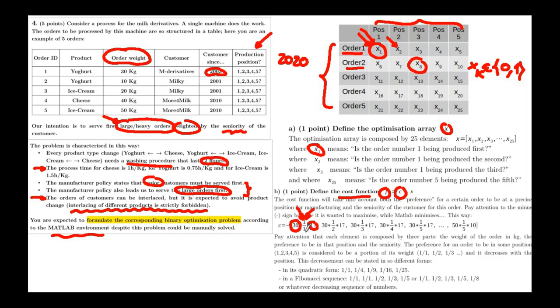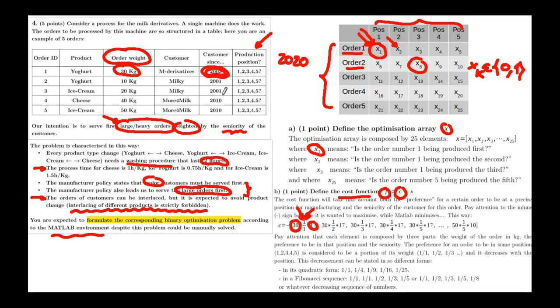Can you see here? 1 over 1, 1 over 2, 1 over 3, 1 over 4, and 1 over 5. That makes the difference, because for every element that belongs to order number 1, the weight is the same and the seniority of the customer is the same.